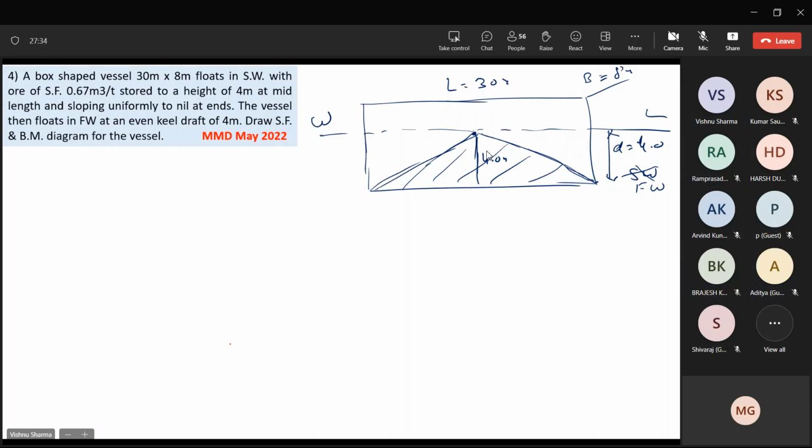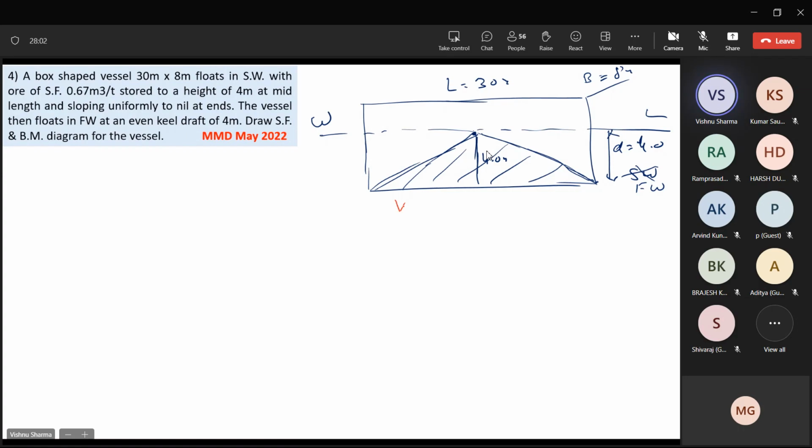Okay. Guys, we know what all we need. We need light displacement. We need to know how the light displacement is distributed. We need to know the cargo. And we need to know the buoyancy. Now, first and foremost, light displacement is not given. But we have enough information in the question by which we can get the load displacement. Please speak up.